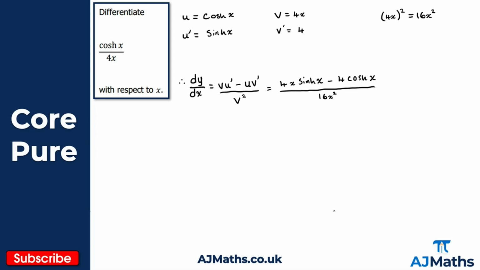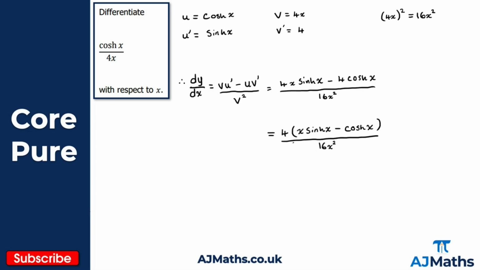Now, we could technically leave this as it is here and call that the solution, but what I will do is simplify this so I can pull out a 4 here in the numerator. So I can write that as 4 lots of x sine x minus cosh x. Divide this by 16x squared.